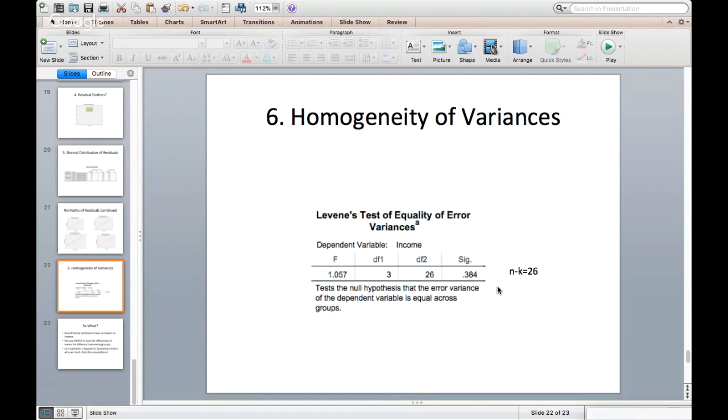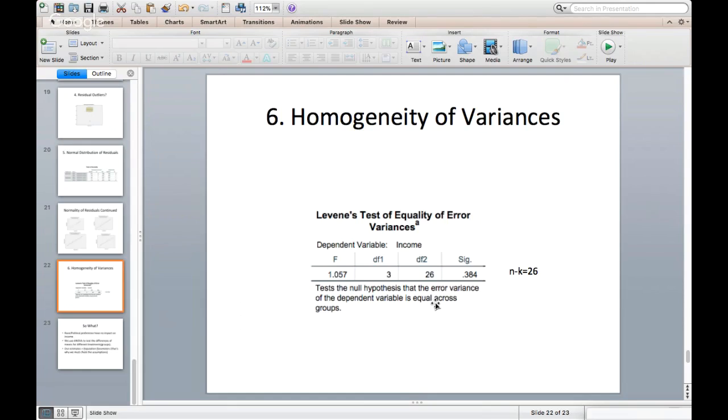The last assumption is homogeneity of variances. It says right here, test the null hypothesis that the error variance of the dependent variable is equal across groups. You don't want one section of the graph to have high variance for the residuals and another section to have low.